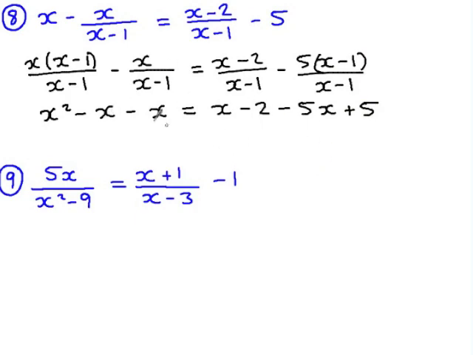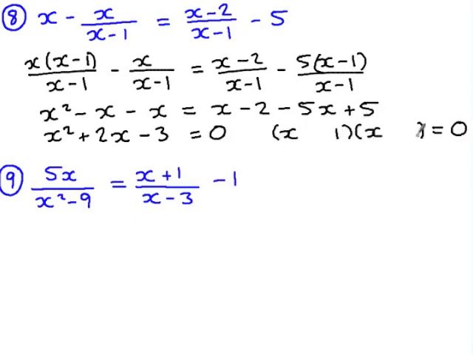Now I'll gather the terms onto the left because it's a quadratic. So we've got x squared take 2x, over this side we've got x take 5x, so I'm going to add 4x to both sides, and then take 2 plus 5, I need to subtract 3 from both sides, and then to factorise, 1 and 3, plus 3 take 1, so my two solutions are 1 and negative 3.